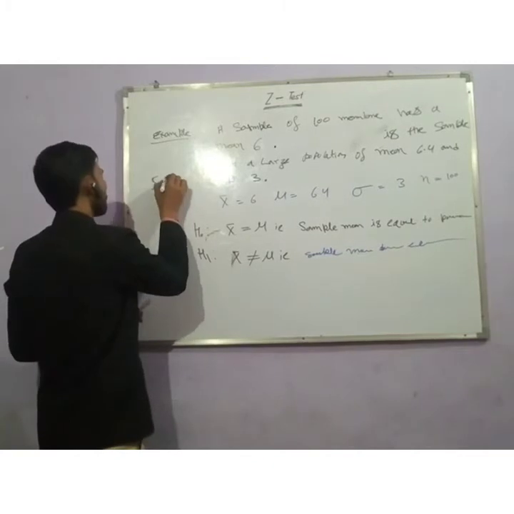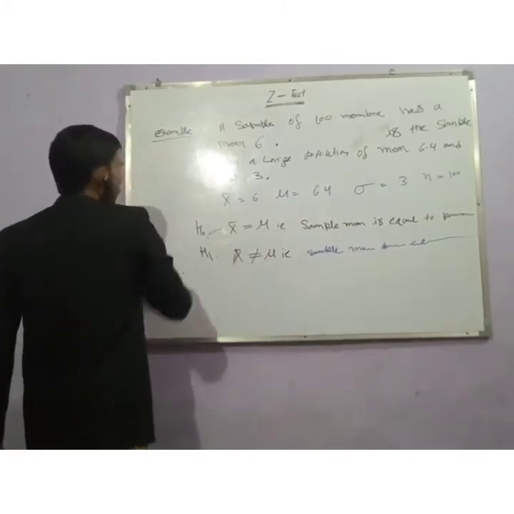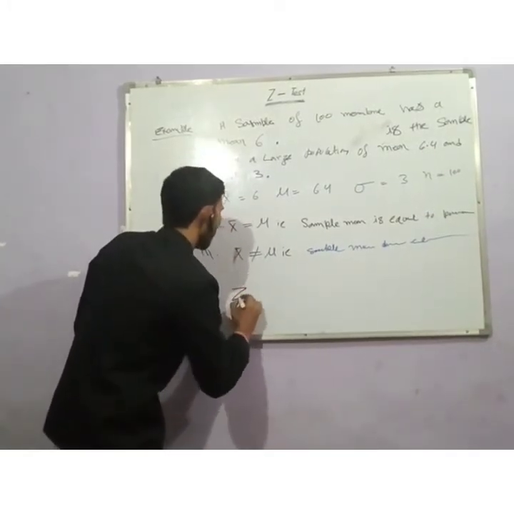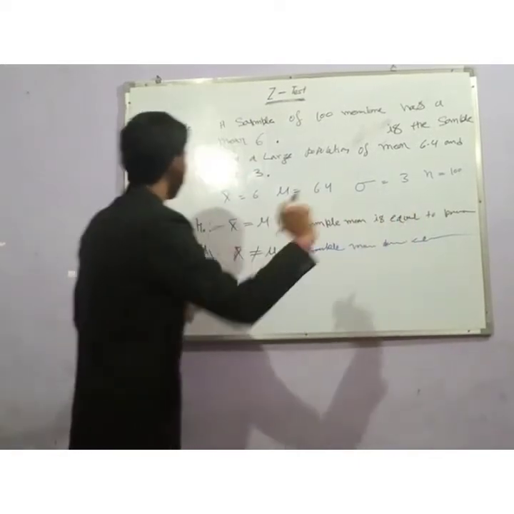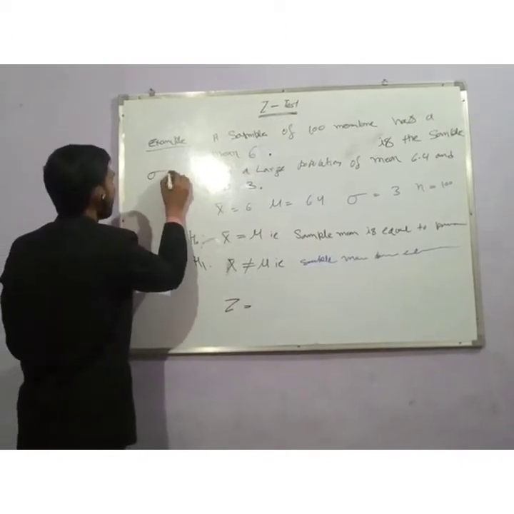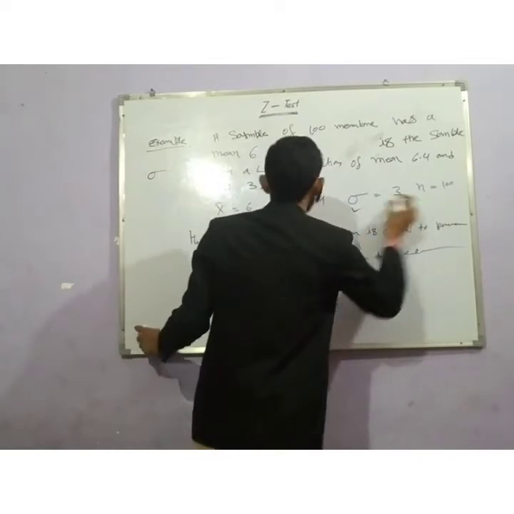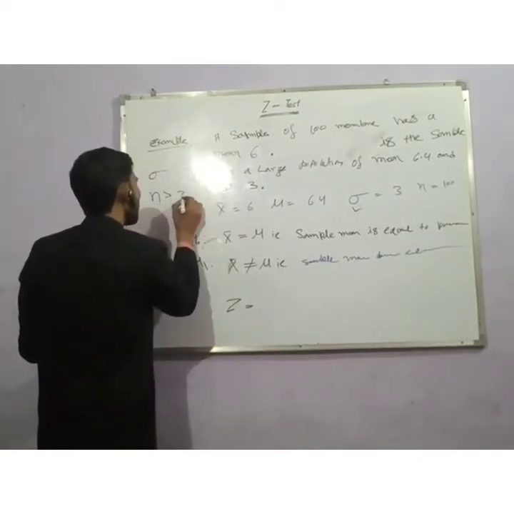Now the formula of the Z test. In this condition, the first condition is that the population standard deviation is known, and the second condition is that the sample size n is greater than 30.